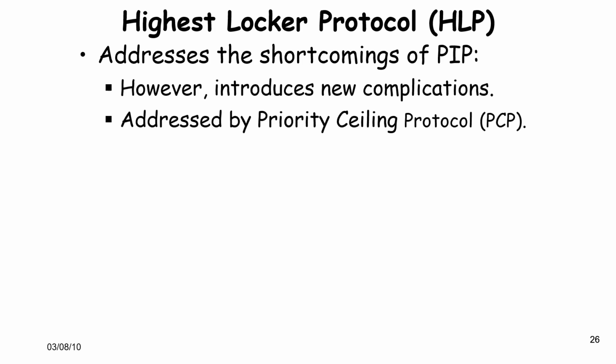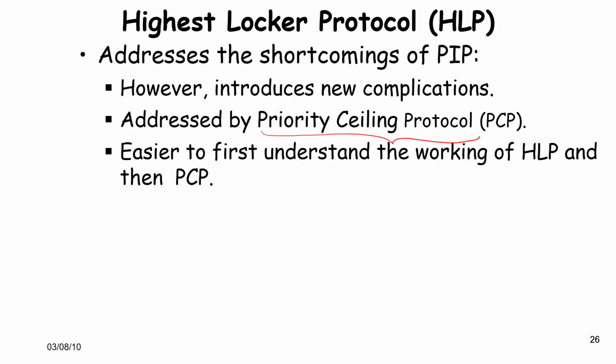However, it introduces new complications, which of course we will correct in a later protocol known as the priority ceiling protocol. This will rectify things in PIP and HLP. But let's understand HLP first.